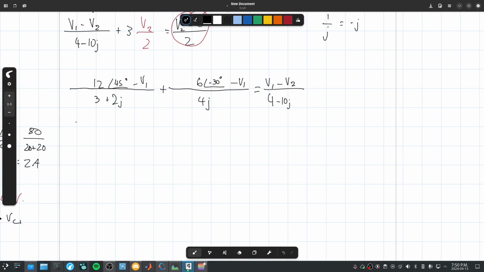So 12 with a degree of 45 over 3 plus 2j, minus V1 over 3 plus 2j, plus 6 with a phasor of negative 30 degrees over 4j, minus V1 over 4j.